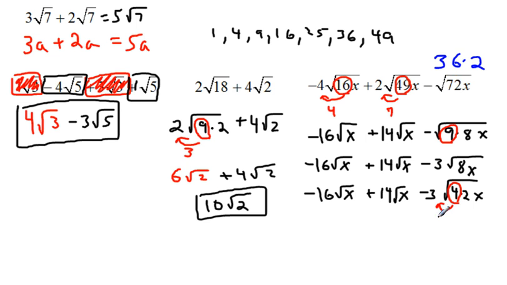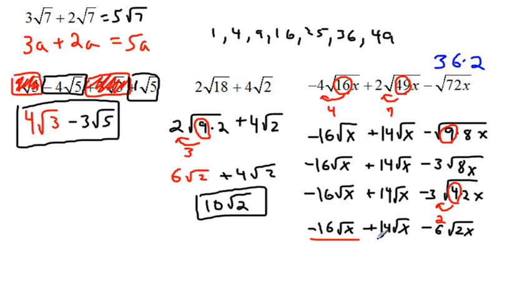Square root of 4 is 2. It's going to multiply that negative 3. So let's do it here. We have negative 16 square root of x plus 14 square root of x. And now we have minus 6 times the square root of 2x. And we think, which square roots match?